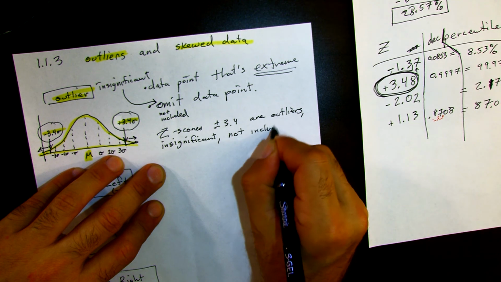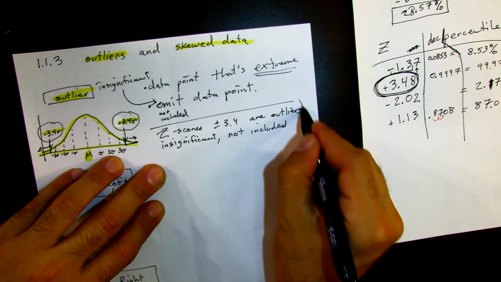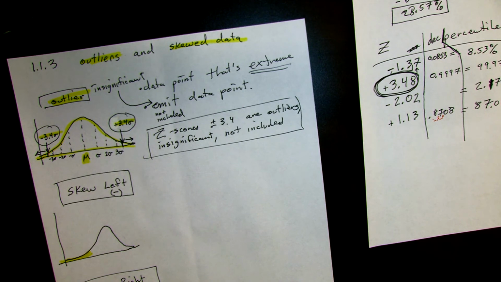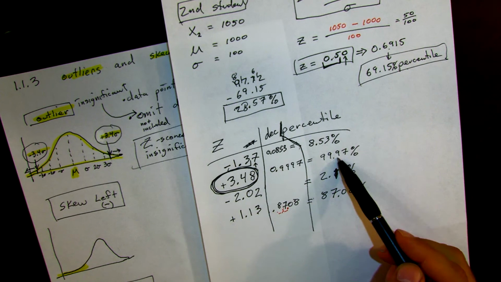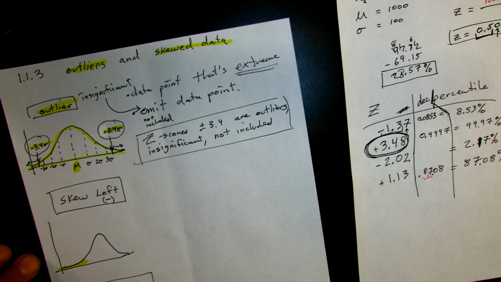Not included. That's key. If the z-score is negative 3.4 or further, or greater than 3.4, way up here or way down here, we're just going to take that data point out. We're going to say it's not significant because it's just too different. It's too good or too bad. It's very, very rare for someone to score at the 99.99 percentile, so we don't count those folks.